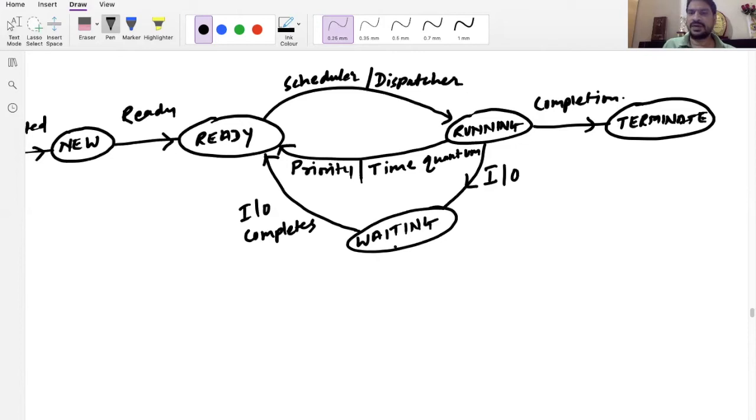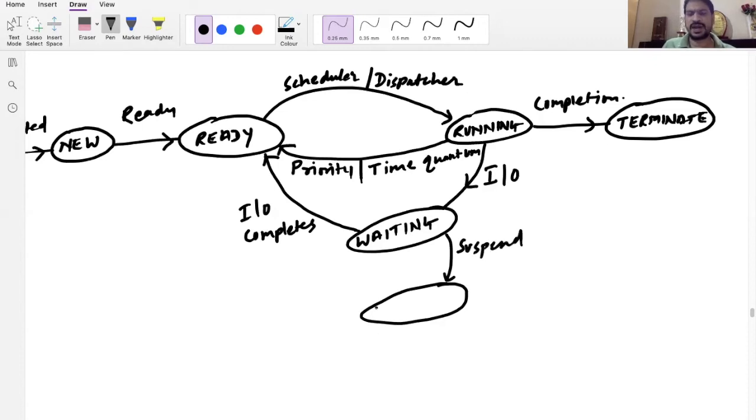Okay. Now after that, if some process is waiting here in the waiting state, and assume that another process with a higher priority comes into the RAM, and there is no room in the RAM, so what will happen is, from the waiting state, we will choose some of the processes and we will suspend them.